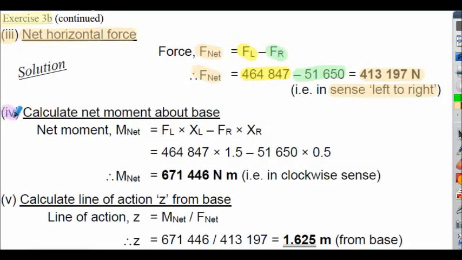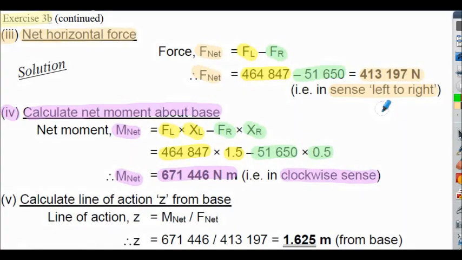Step 4, we calculate the net moment about the base. I've called that M net here. Basically we have FL times XL for the left-hand side, the force times the distance to the center of the force from the base, and we minus the force on the right-hand side times its distance from the base. That allows us to calculate the net moment, and that will have a clockwise sense about the base.